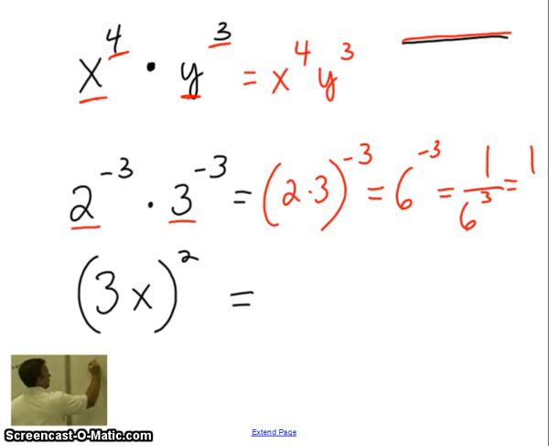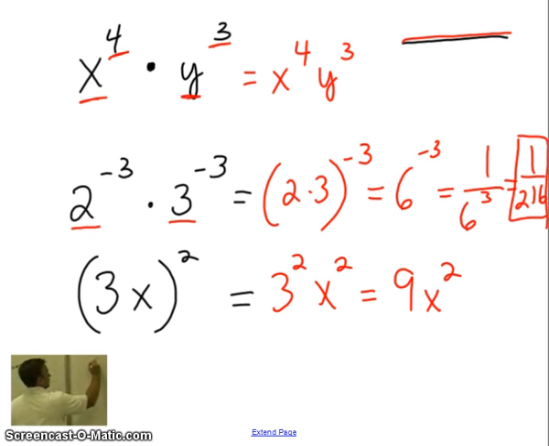And 6 to the third is 6 times 6 times 6, or 216. And then the last one, 3x squared is 3 squared and x squared, which is 9 and x squared is just x squared.